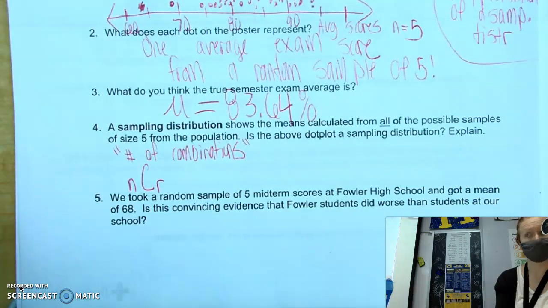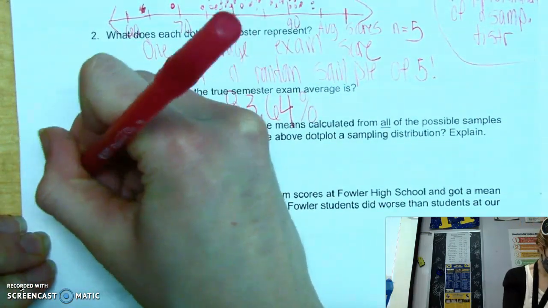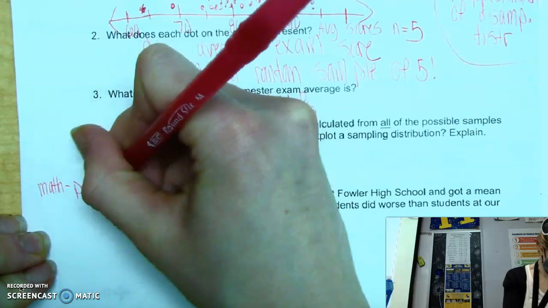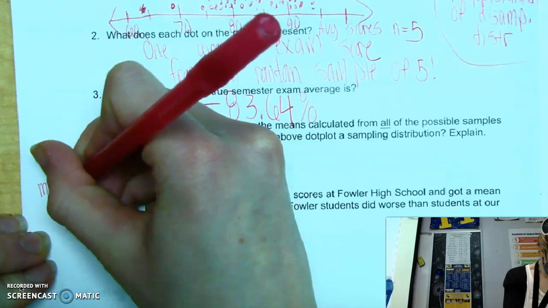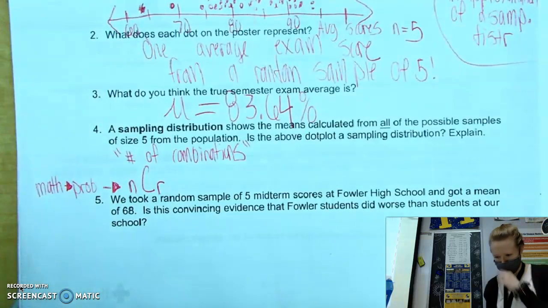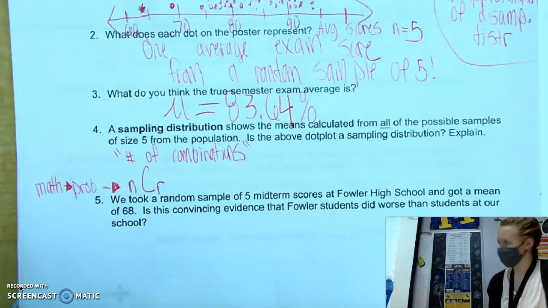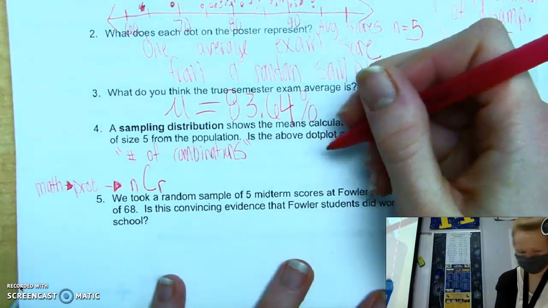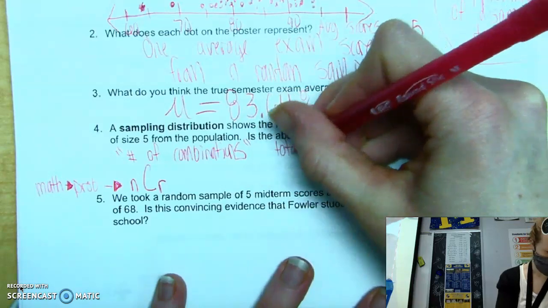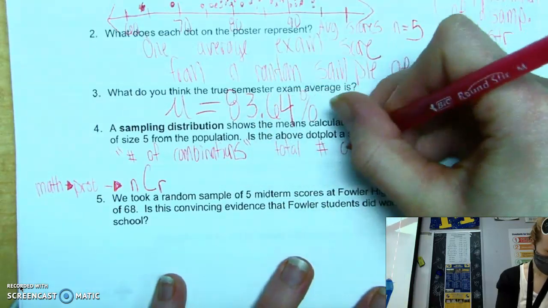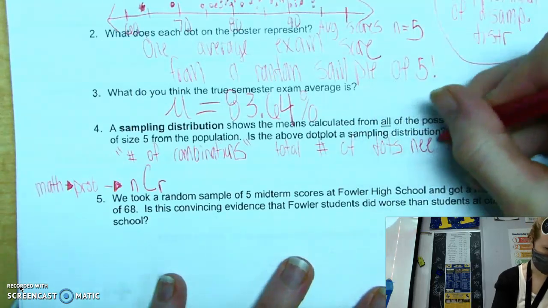If you keep scrolling, you should go to math and then to probability. So we're looking at the number of combinations. So we need the total number of dots needed for it to be a sampling distribution, right?